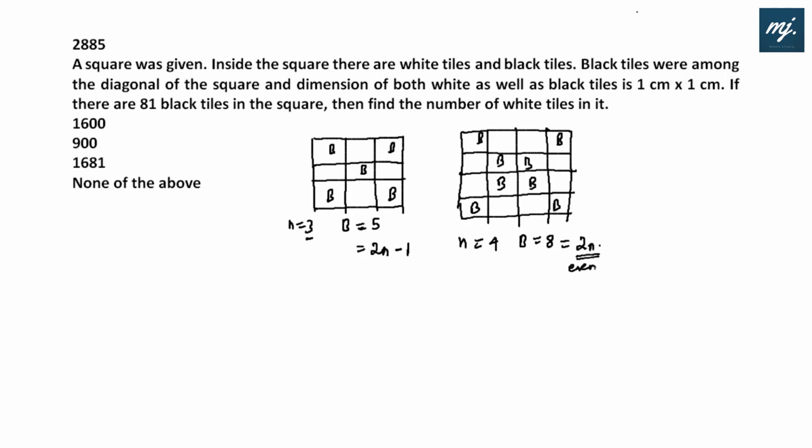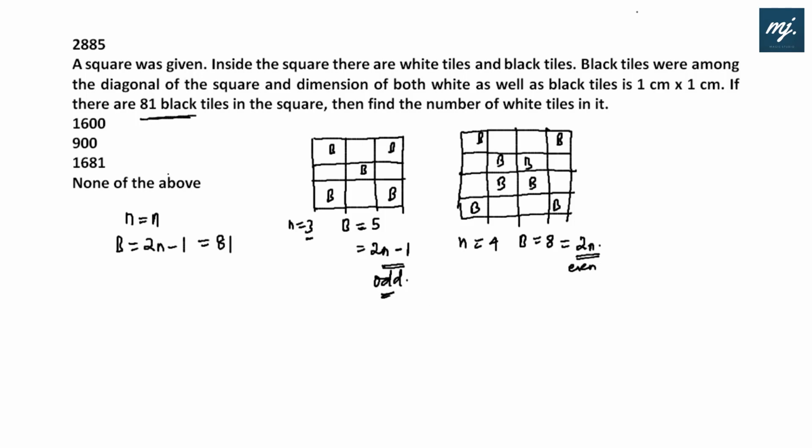That is, it will be an even number of black tiles, and in this case it should be an odd number of black tiles. Now it's given that there are 81 black tiles in the square. That means in our square, if number of rows and number of columns is n, then number of black tiles should be 2n minus 1. That is given as 81.